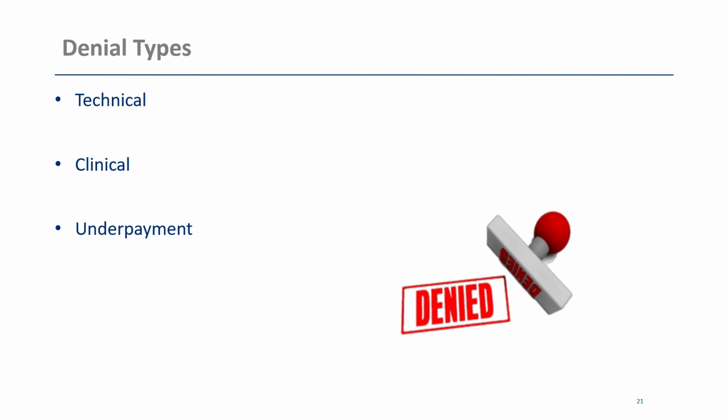Technical denials are based on missing or incomplete claim information, like some demographic errors, incorrect or incomplete insurance information, missing authorization or referral, missing authorization for a continuity of stay, and exceeded certain frequency limits.